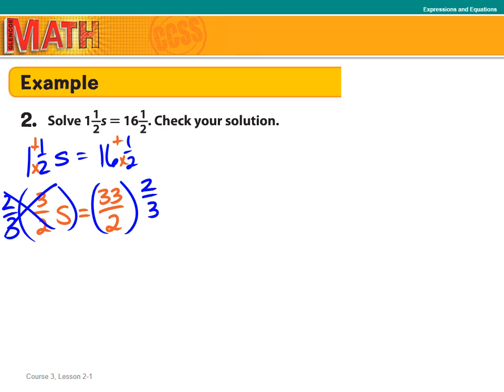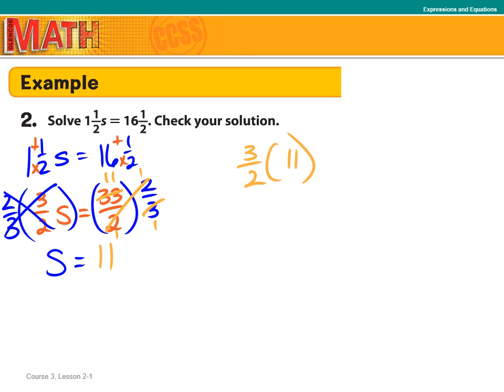The 2's and the 3's cancel out on the left hand side, so s is equal to, simplify the right hand side, the 2's cancel each other. I know 3 can go into 33 11 times and cancel out the 3. So I'm left with 11 times 1 over 1 times 1, which is 11. So let me double check my answer to make sure that that's what I get. And I'm going to use my improper fractions.